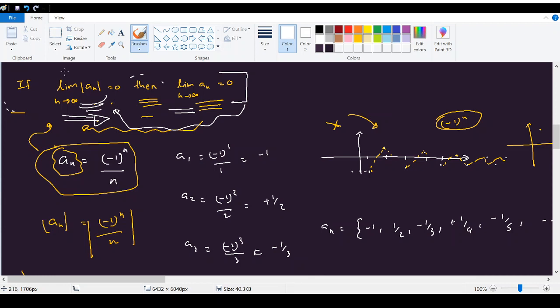We can consider this if-then statement as this part and this part, right? I will call this part the left hand side and this part the right hand side. So this if-then statement says that when the left hand side is true, then the right hand side should be true.